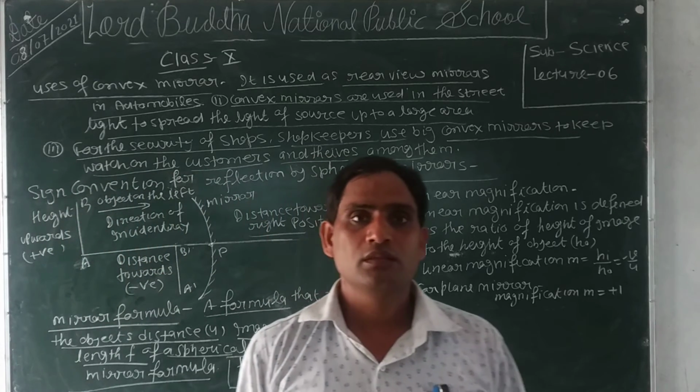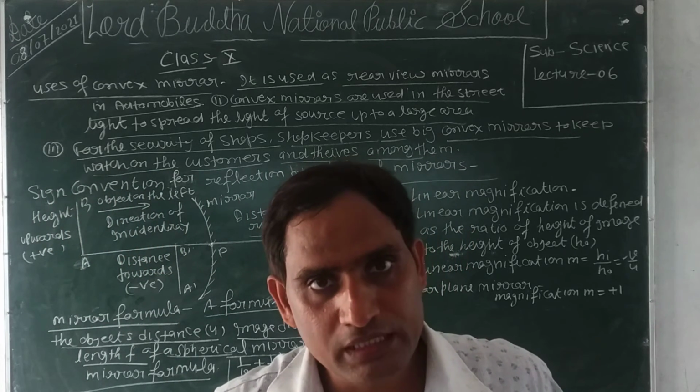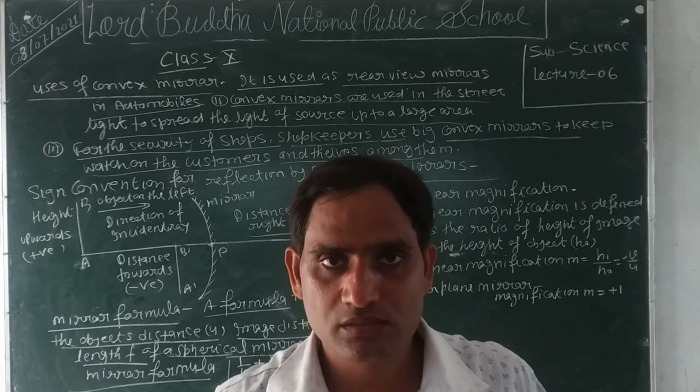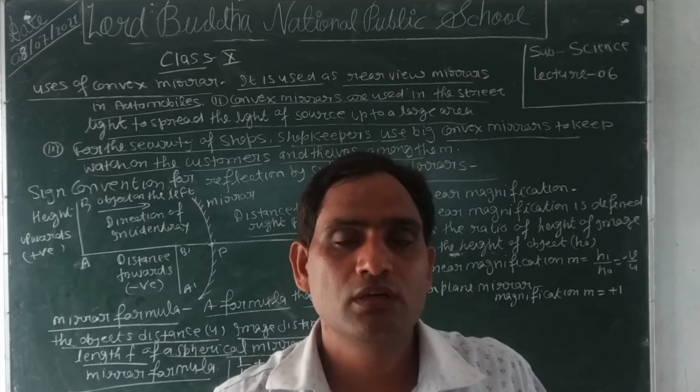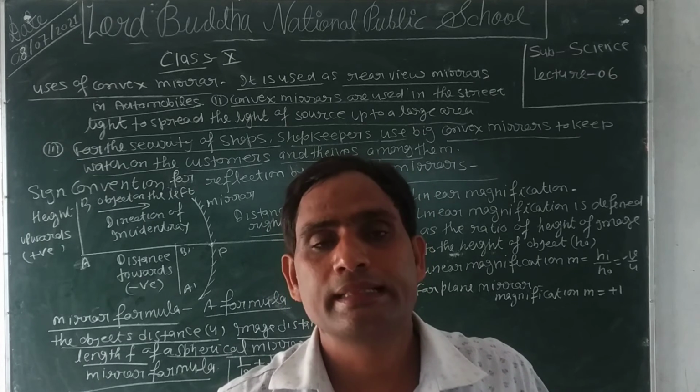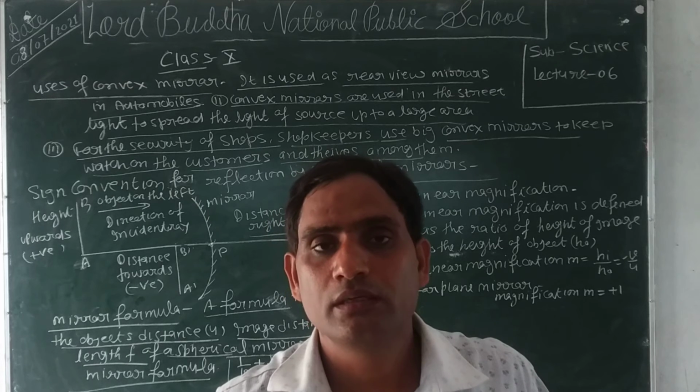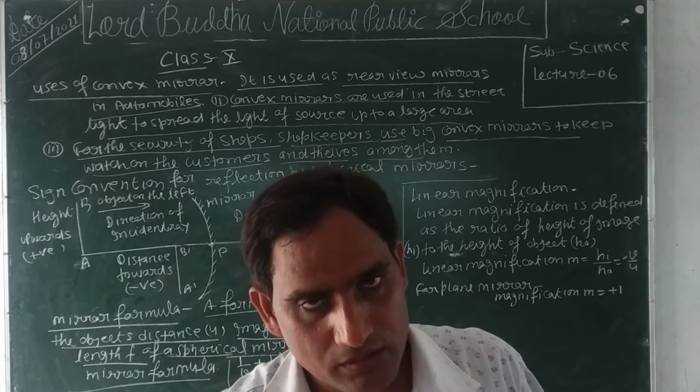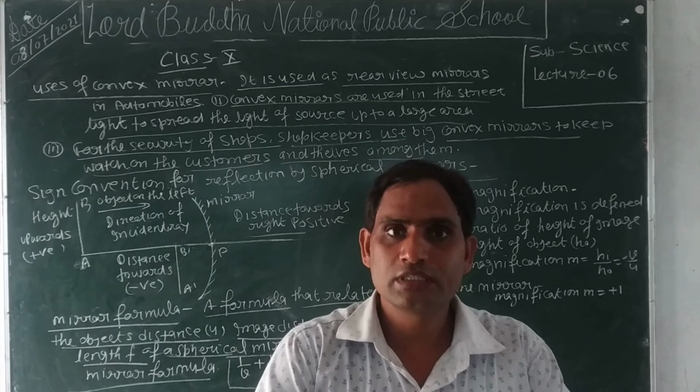As the derivation of this formula is not in our syllabus, we will learn it in the higher classes, 11th and 12th. Clear? Only the application is in our syllabus.